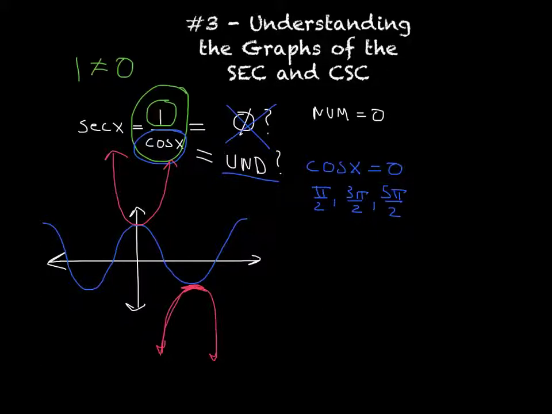And there's that, and you can do this all the way around, and now you have just drawn the secant graph. The secant, once again, is the reciprocal of the cosine.